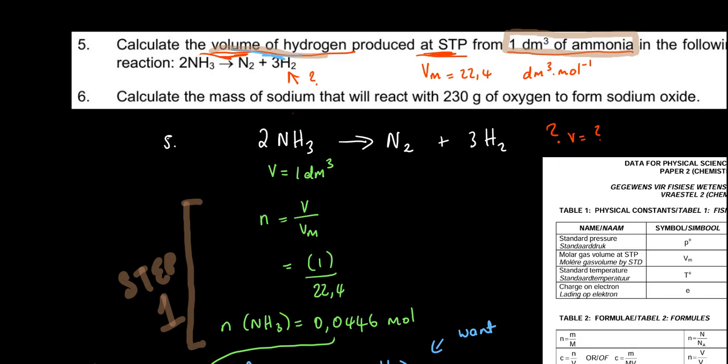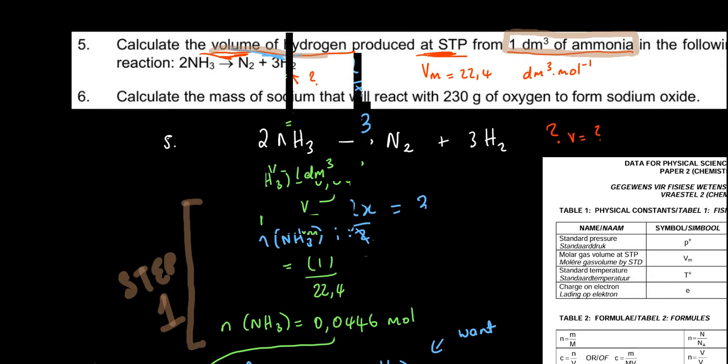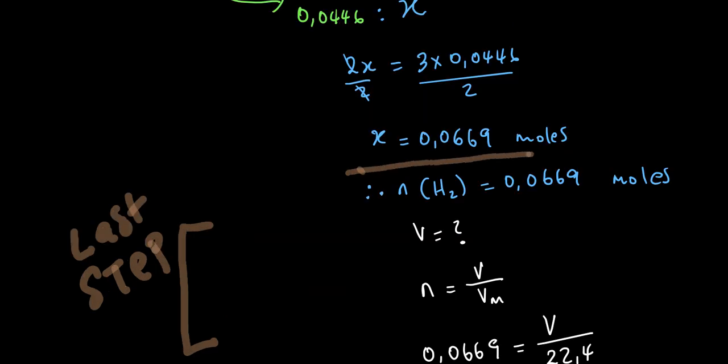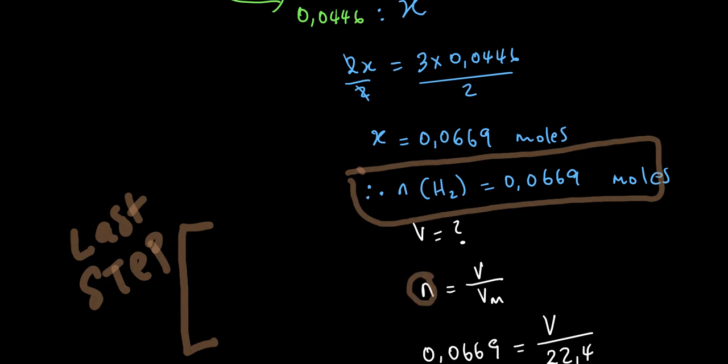You understand? So that is why here we went through the hassle of converting the volume that was given for this ammonia to moles. Then we use a molar ratio so that eventually we get the number of moles of the hydrogen. And then once you have the number of moles of the hydrogen, now you can choose the right formula, which has number of moles and that variable you are looking for, which is the volume. Then you are able to solve and get the volume of hydrogen.